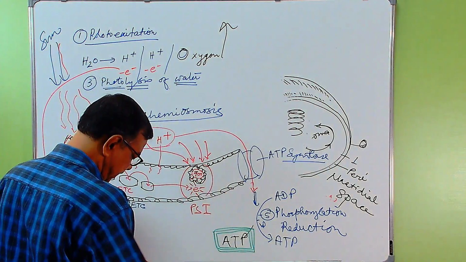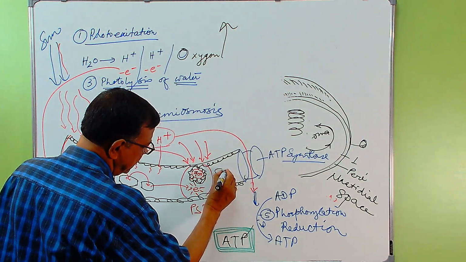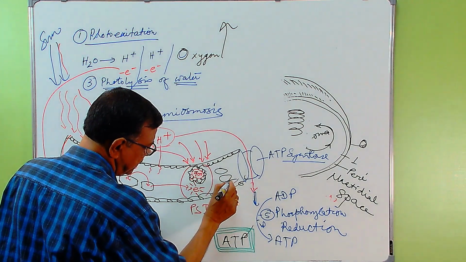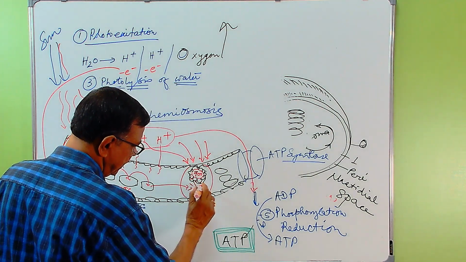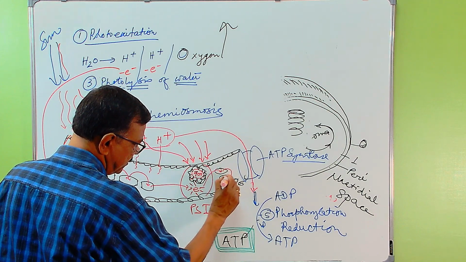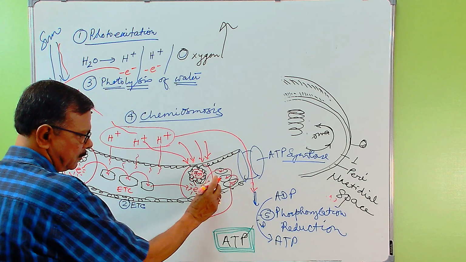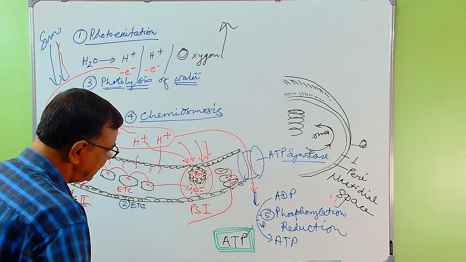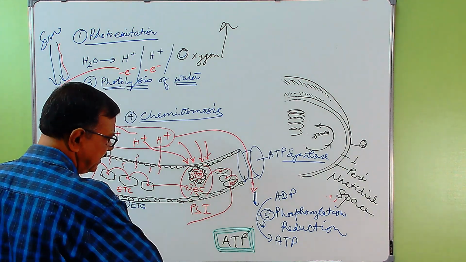These electron transport chains are like this. Here is one electron transport chain. Here is another. Here is another. There are 3 electron transport chains here. This electron is jumping from electron transport 1, electron transport 2, electron transport 3, ultimately passes out through the thylakoid membrane to the stroma. And this electron transport chain is known as ETC.